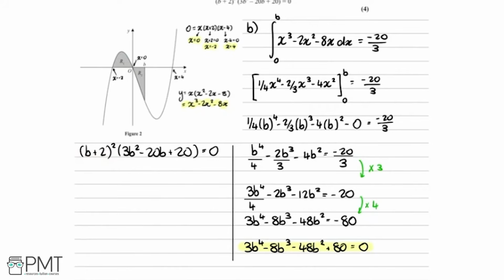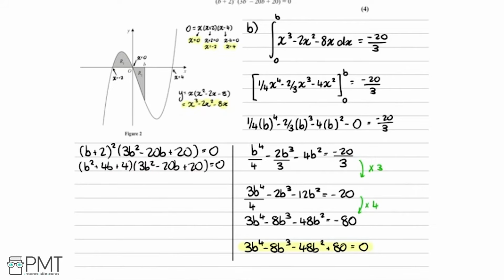So starting with this bracket here, we'll get b squared plus 4b plus 4 multiplied by 3b squared minus 20b plus 20 equals 0. Now to multiply this out, I'm going to do each term individually. So I'm going to multiply the b squared by each of the terms in this bracket, and these terms, and then these terms.